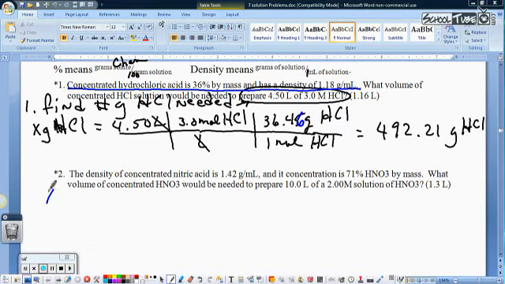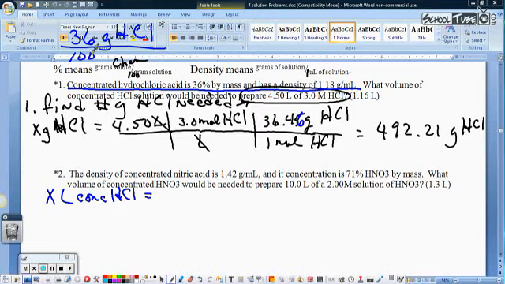I need to know X, I can do it in liters, of concentrated HCl equals. I need how many liters of concentrated HCl. So let's go up here and look at our percentages. Our percentages say I have 36 grams of HCl per 100 grams of concentrated solution. That's what the percentage means.